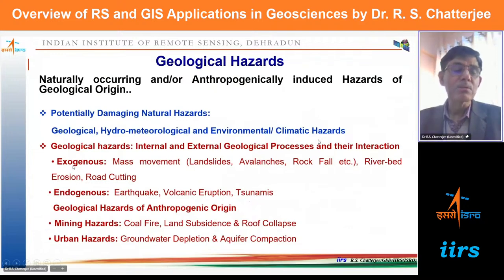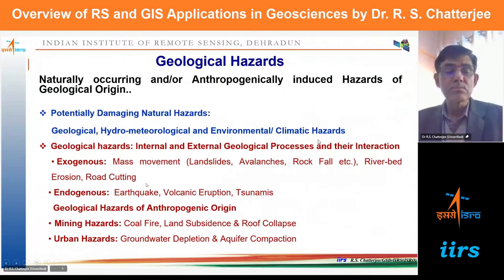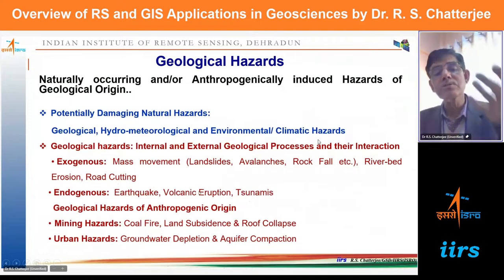But the exogenous ones are like mass movement, like landslides, avalanches, rockfall, river bed erosion, road cutting. These are all because of external factors, and external factors are basically controlled by the force of gravity, isn't it? Wherever there is a topographic slope, the mass is vulnerable to slope failure, provided the slope is not below the angle of repose.